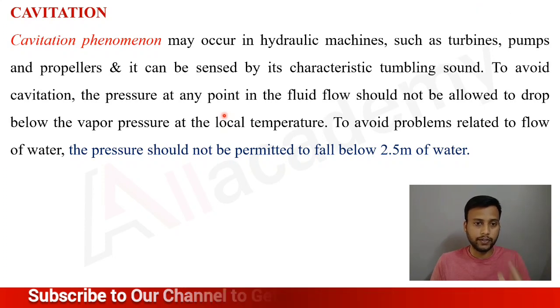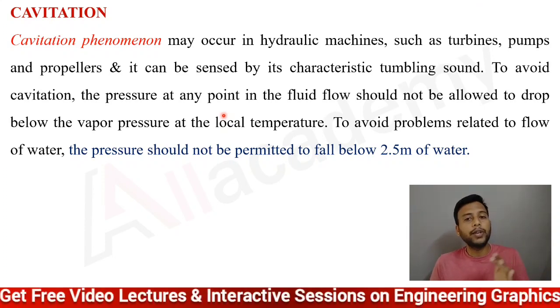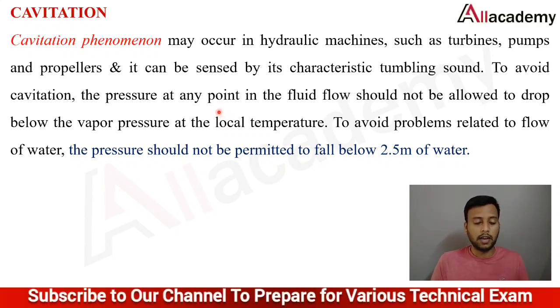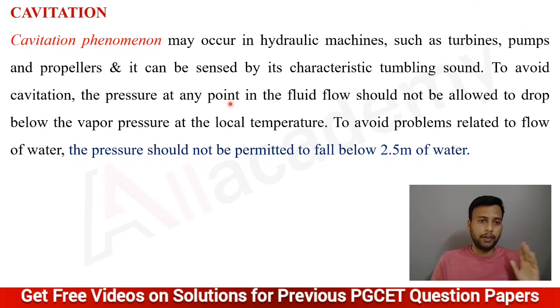Cavitation will obviously be created, but if it is, how do we avoid it? At any point in a fluid flow, the pressure should not be allowed to drop below the vapor pressure, as these bubbles are formed when the pressure drops below the vapor pressure.